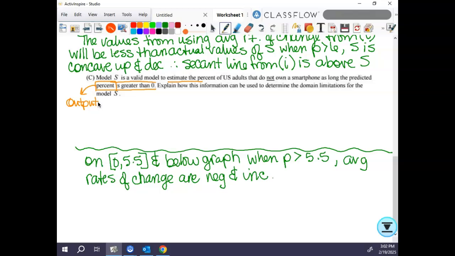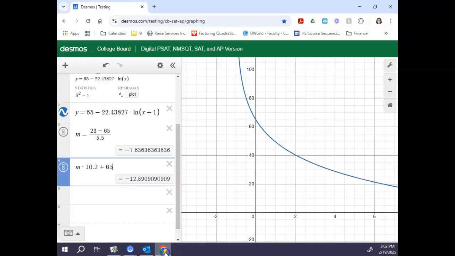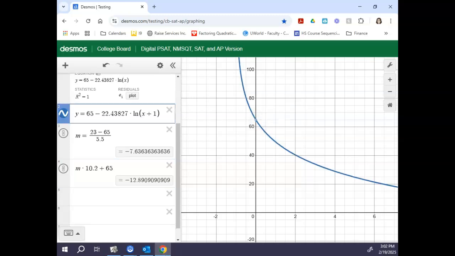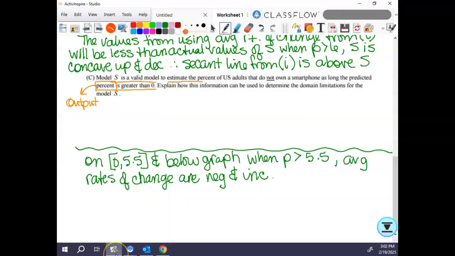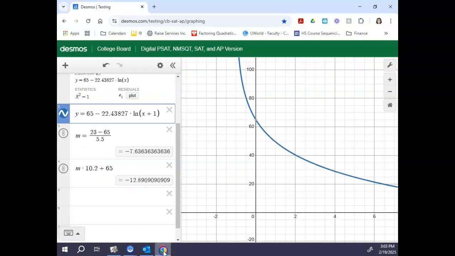So let's figure out the domain. My input is time. So time can't be negative. So I got to start at 0. But time can be 0 because we already have that on there. So my domain of S is going to go from 0, which I get to include, to, now let's go back over here and look.